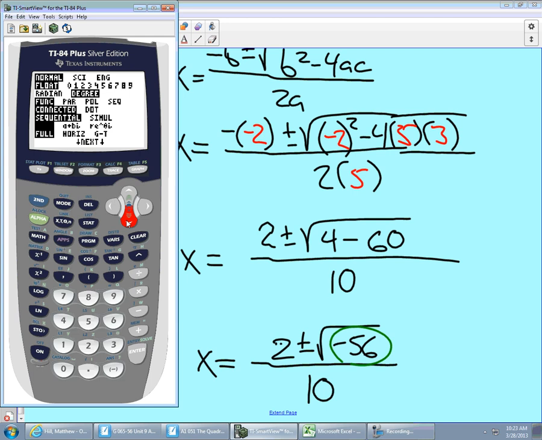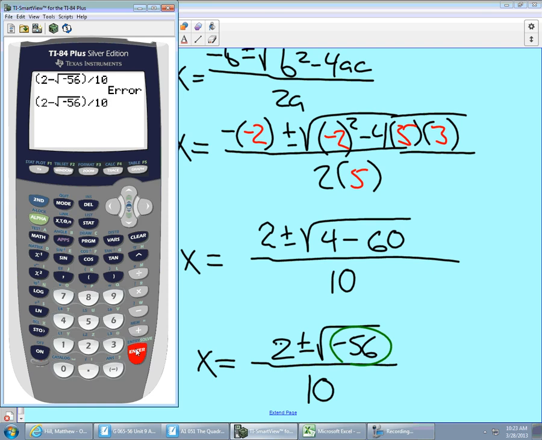What you can do is come down to real and move it over to the next entry, the one that says A plus BI. That is the format for an imaginary solution. Quit back out of that. Let's try that entry again. And look, we get a number that goes along with this thing.